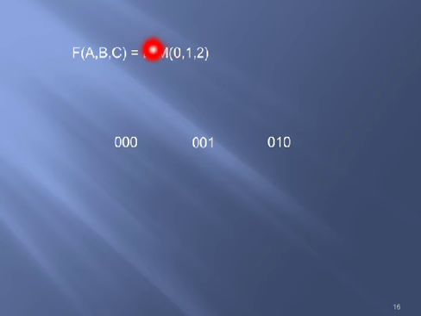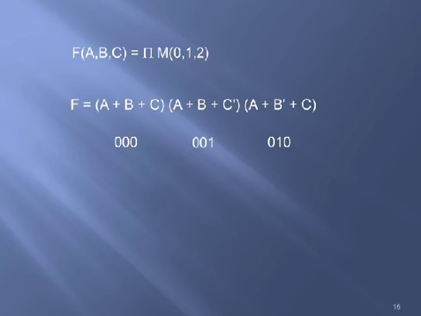For writing the product of sums form, you need to consider the input combinations for which the output is 0. So f of a, b, c is equal to the product of capital M of 0 1 2, where M0 stands for a plus b plus c, M1 stands for a plus b plus c bar, and M2 stands for a plus b bar plus c.